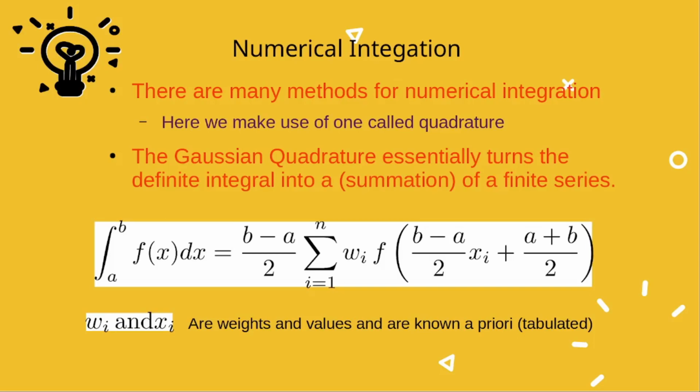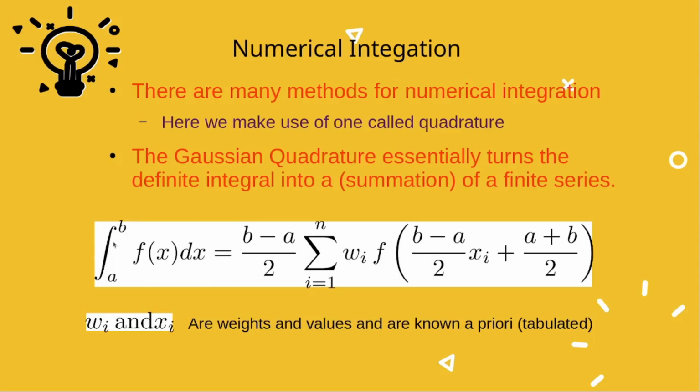So there are many methods that are used for doing this numerical integration. We'll make use of one called quadrature. Quadrature essentially takes this definite integral a to b f of x dx and converts it into an algebraic expression that I can sum over n points. Okay? So that is the idea behind Gaussian quadrature.